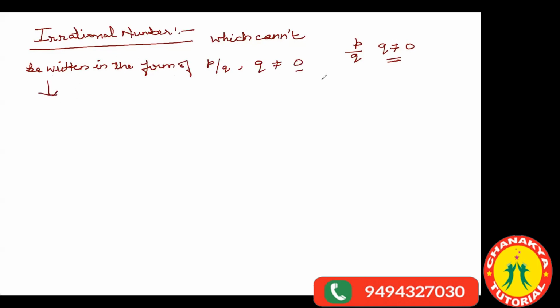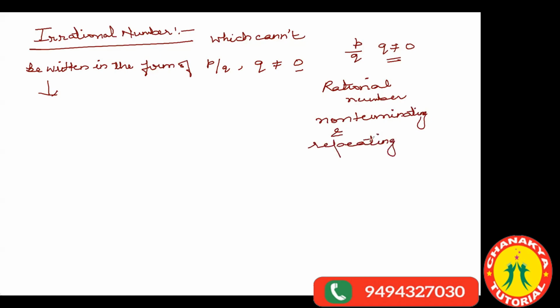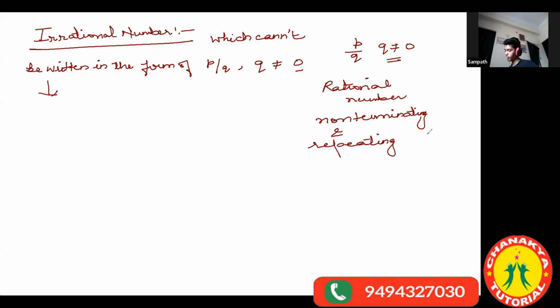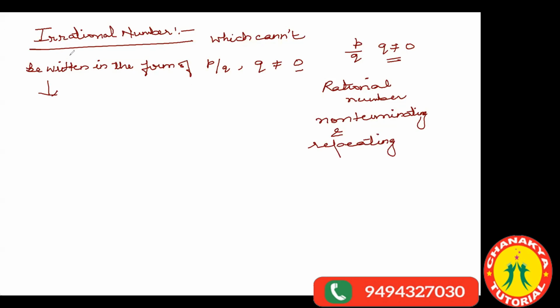And one more thing, children, I have told you how you can identify rational numbers: those which are terminating or non-terminating and repeating. Have you remembered, children? Yes, ma'am. So in this case, your irrational number will be non-terminating and non-repeating.